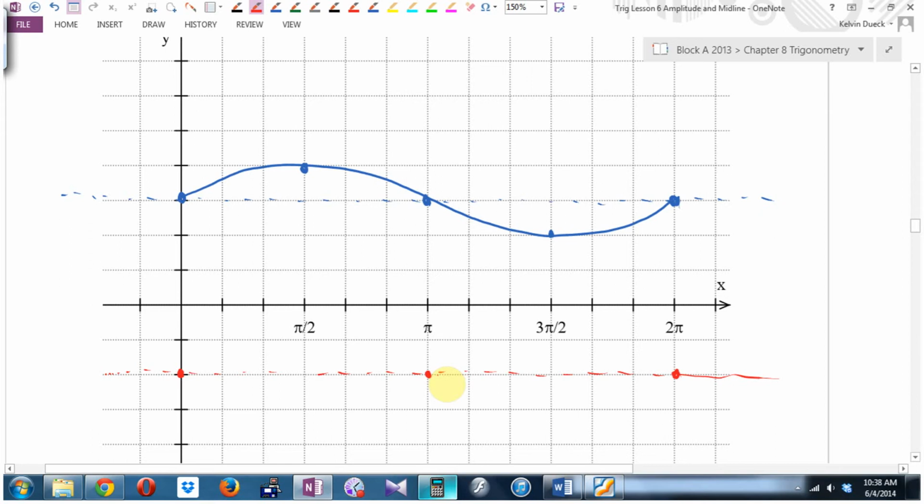It's going to be 1 up, 1 down. It's going to look like that, and keep going forever and ever in that pattern.